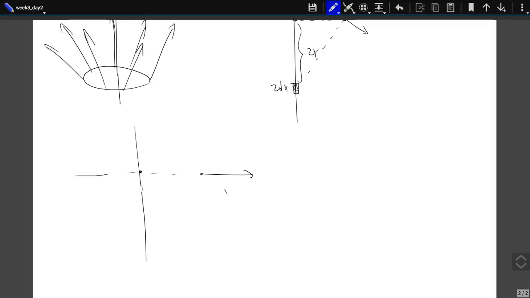Now another thing I can do is I can take this wire and rotate it around itself. Still nothing changes. So if the electric field at this point is radially away, then as I rotate it, this electric field will be radially away at every point on this ring.